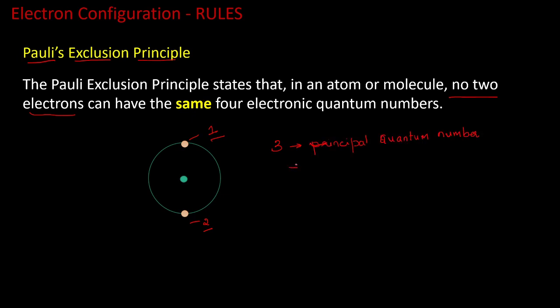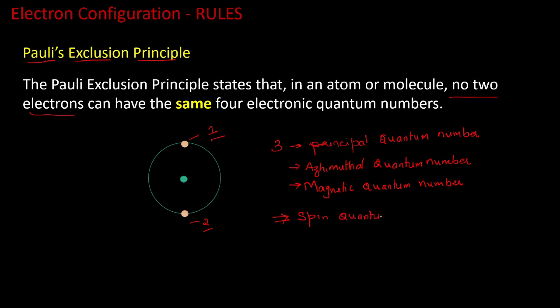Its azimuthal quantum number is also the same, because we are talking about the 2 electrons in the first shell, and their magnetic quantum number is also the same. The last quantum number is the spin quantum number, and you see that the spin quantum number of these 2 electrons, electron 1 and electron 2, will always be different.